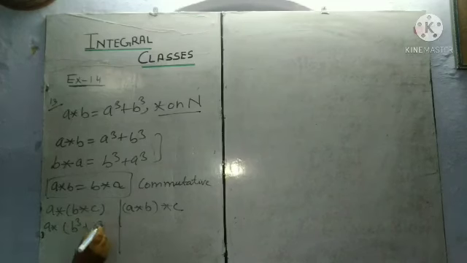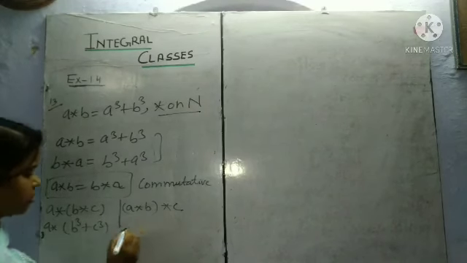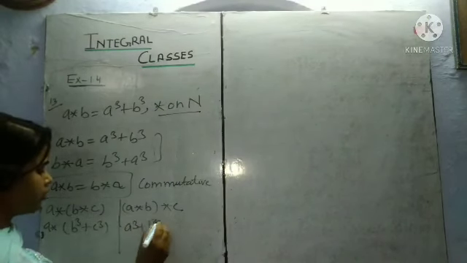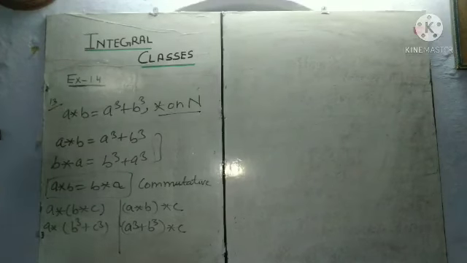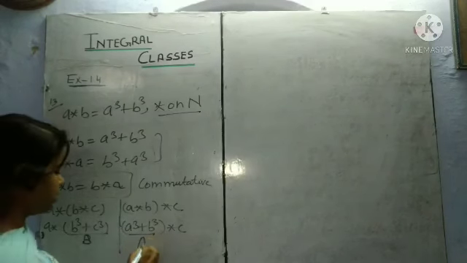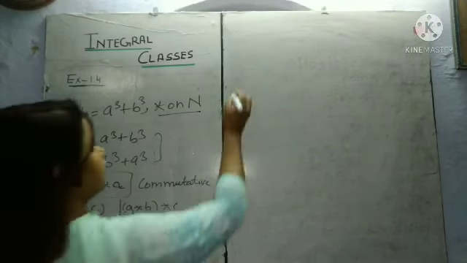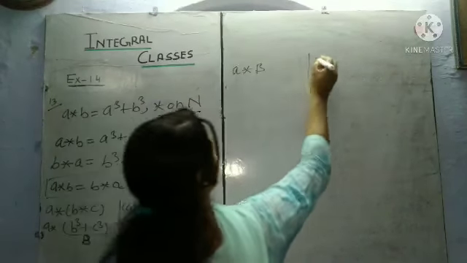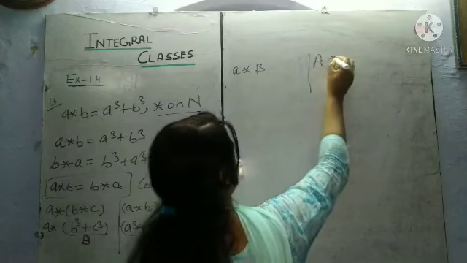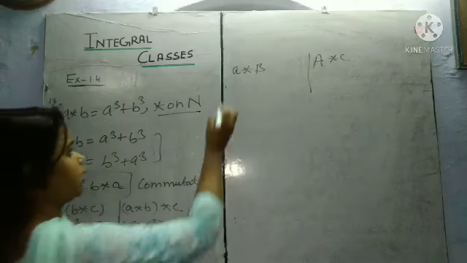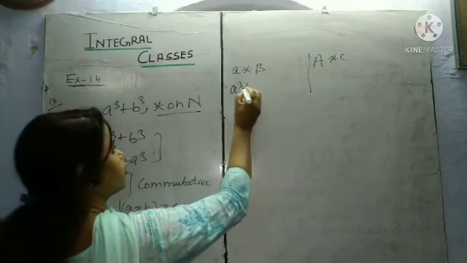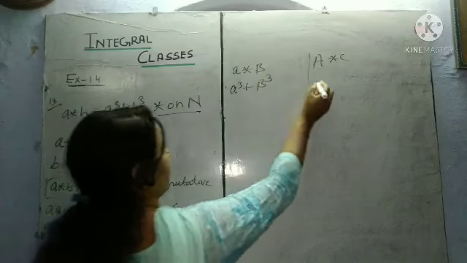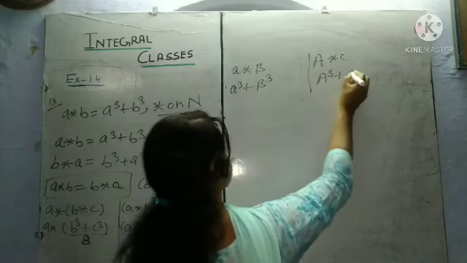BQ plus CQ, and A star B is AQ plus BQ, star C. Now suppose this is capital B and this is capital A. So we write A star capital B and on the other side capital A star C. Now we apply the binary operation: AQ plus BQ, and here AQ plus CQ.